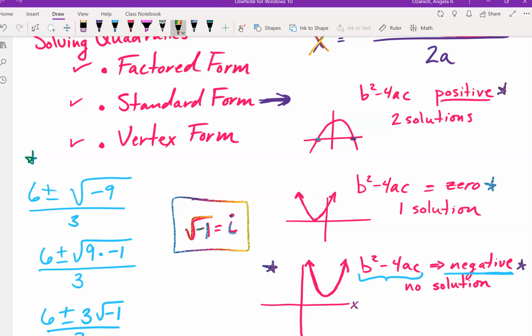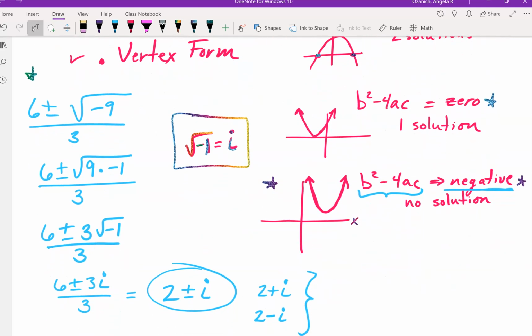And when you do that, you can actually take the square root of your positive 9 and get 3. We're left with 3 times the square root of -1, and we assign this variable i to represent the value of the square root of -1.